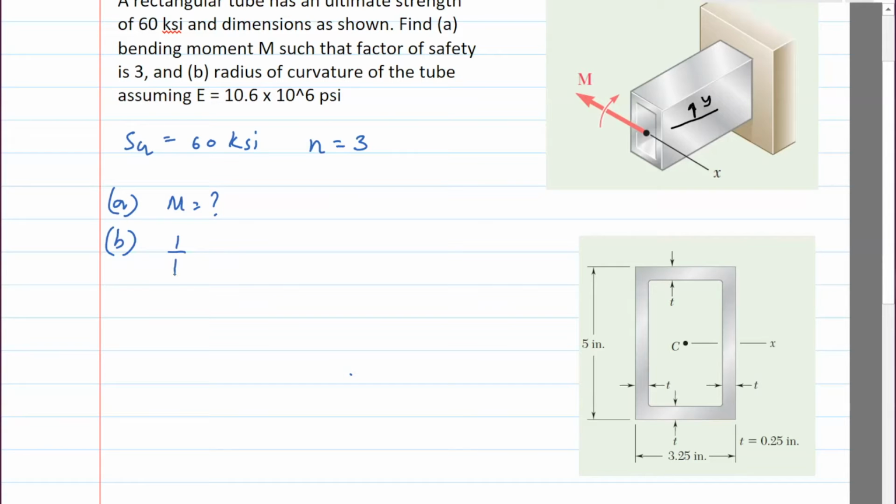Now, curvature is 1 divided by R. And assume that E is 10.6 times 10 raised to 6 psi.